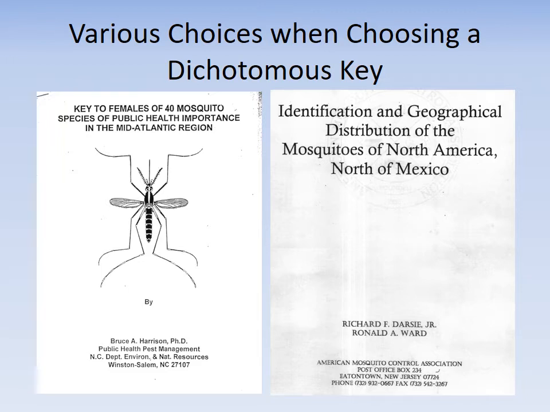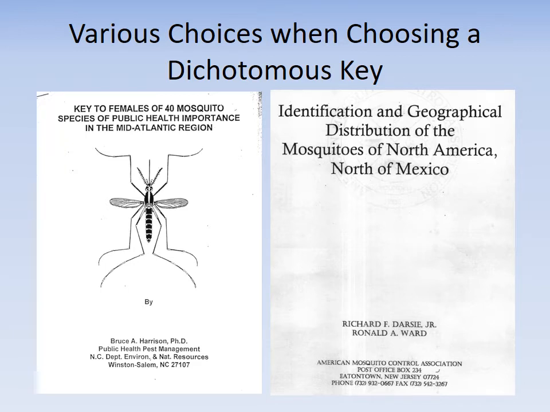And so the North American one, the Darsie and Ward, is filled with mosquito species. And so that might be overkill. You don't need to go through all of those to figure out what's in Virginia, what's in your particular area, because it might be hard to figure that out when you're looking at what's all over North America.